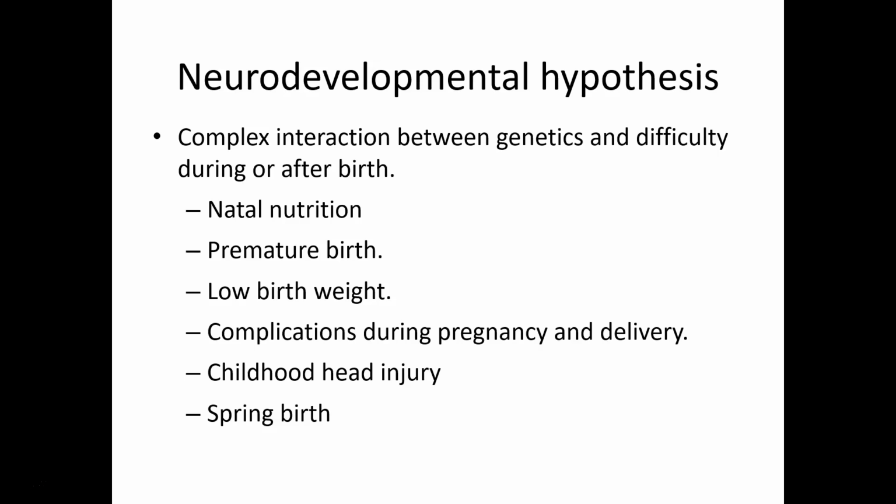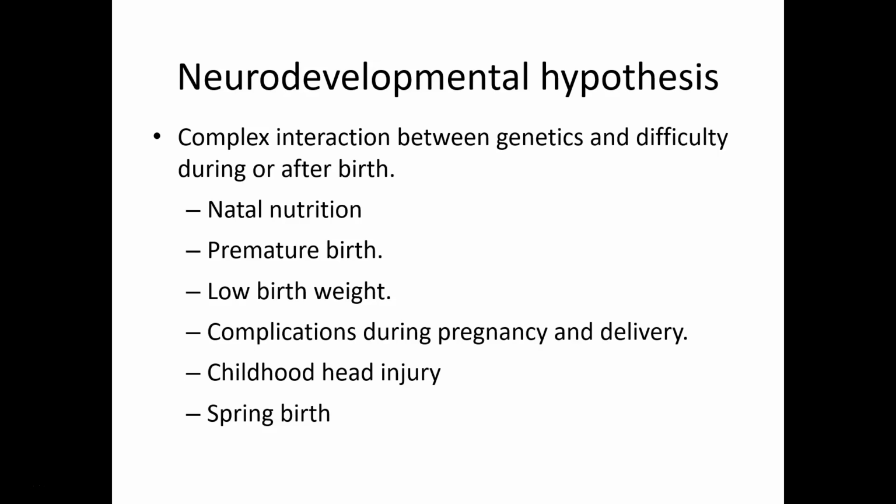Now, this complex interaction idea really stems from findings that suggest that for all of these things that are listed here, there's no causal link. None of these are enough to cause schizophrenia, but they're all very highly correlated. These are factors that increase probability.